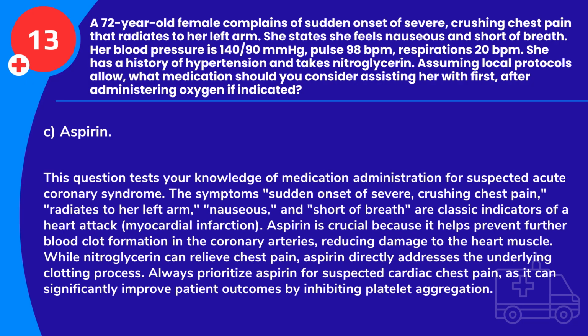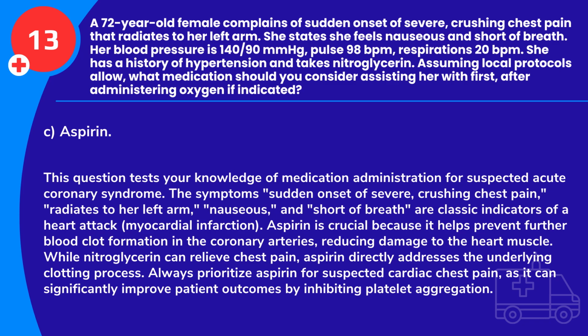Answer: C. Aspirin. This question tests your knowledge of medication administration for suspected acute coronary syndrome. The symptoms: sudden onset of severe, crushing chest pain, radiates to her left arm, nauseous, and short of breath are classic indicators of a heart attack, myocardial infarction.